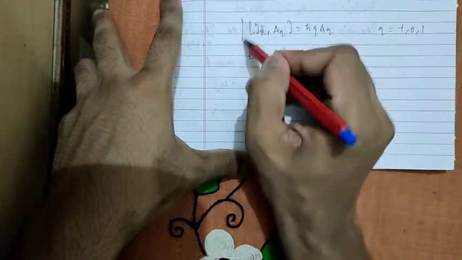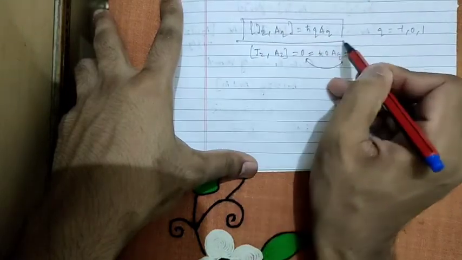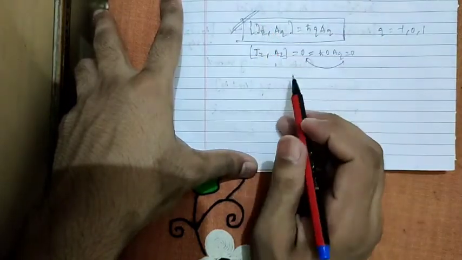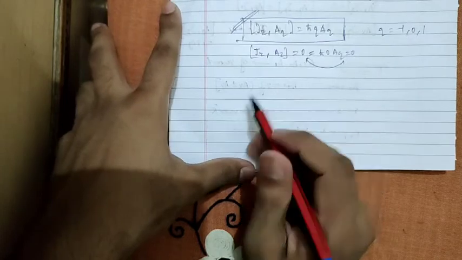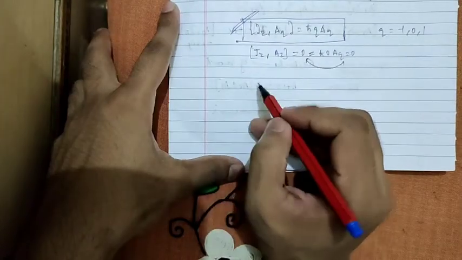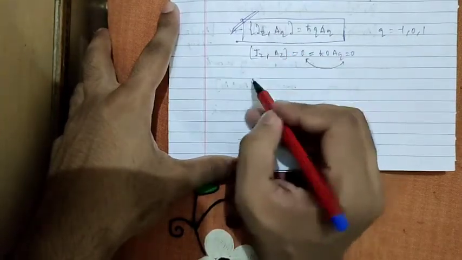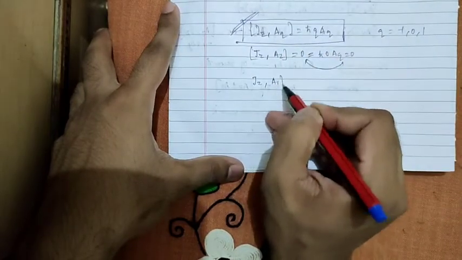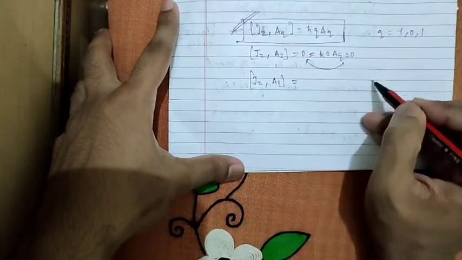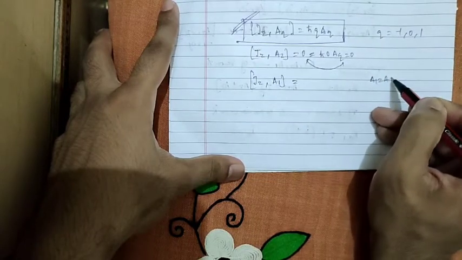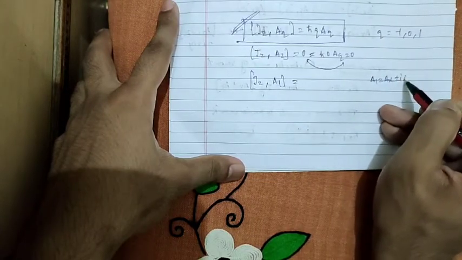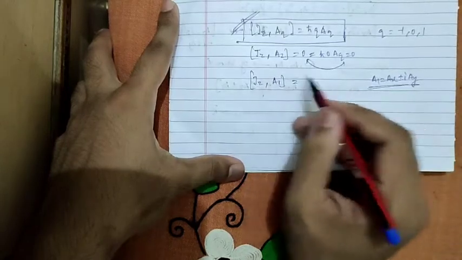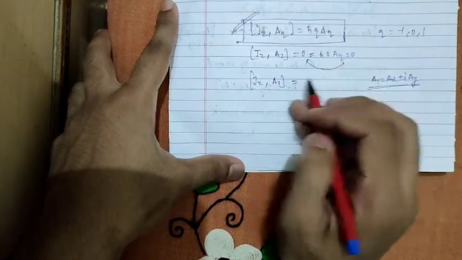So we can use this formula instead of all the others, which helps us know all the commutation relations in one go. The same you can see for Jz with A1, where A1 is Ax plus minus i Ay. On substituting this, you can find the relation.